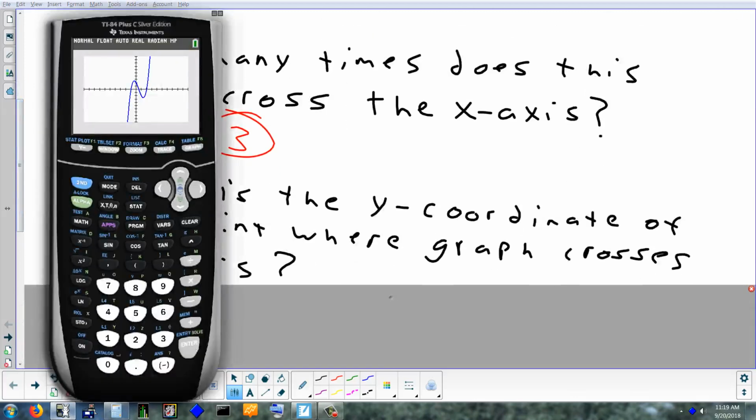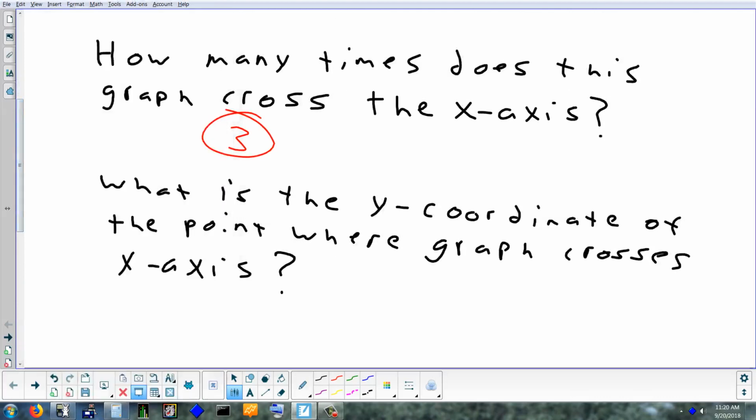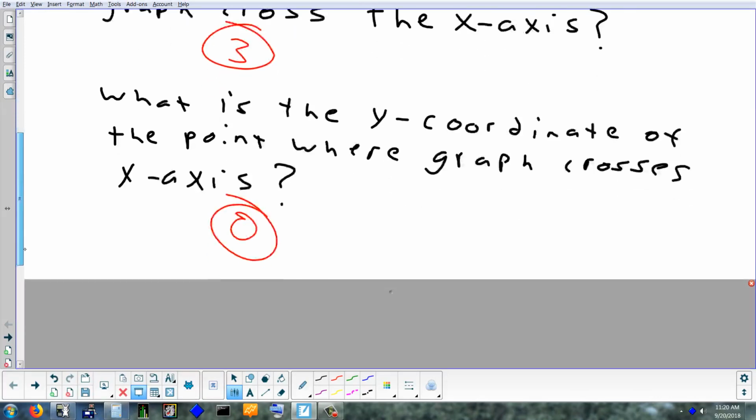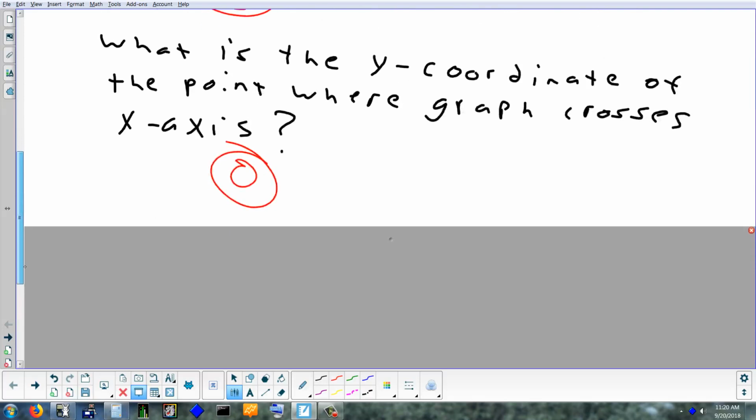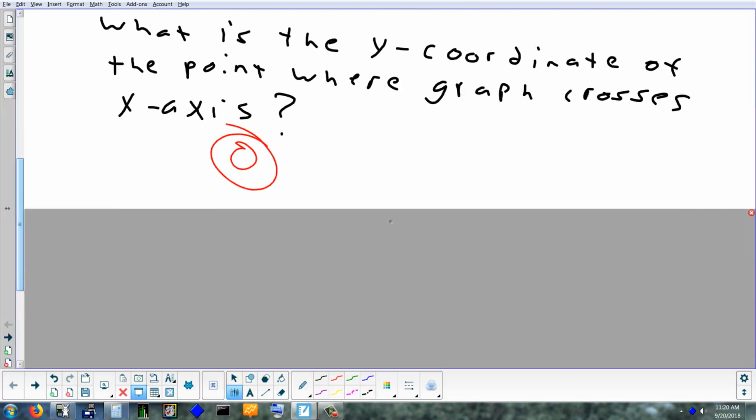If you gave me any one of those 3 coordinates, what would the y value be of each one of the coordinates where the line crosses the x-axis? All the y values would be the same. 0. They would all be 0. Yep. So the y values would all be 0, because it's right on the x-axis.